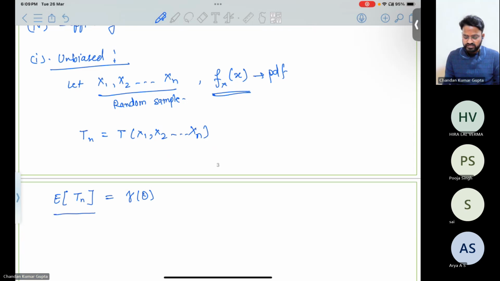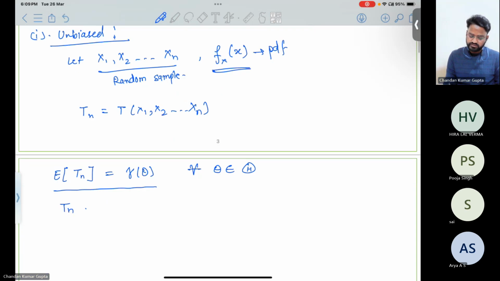If this condition holds for all theta belonging to the parameter space, then the Tn is said to be unbiased.